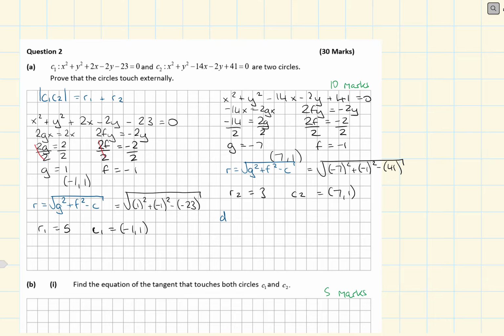Now we go for distance formula. So it's the square root of x2 minus x1 squared plus y2 minus y1 squared. So the distance from center 1 to center 2 will equal, that's x1, y1, x2, y2, 7 minus minus 1 squared plus 1 minus 1 squared.